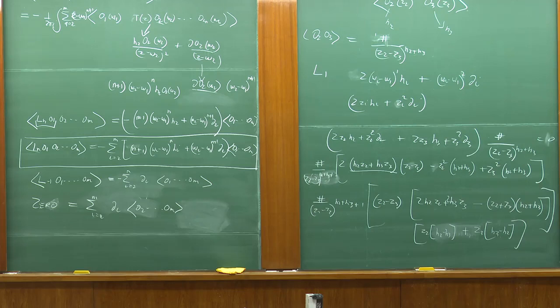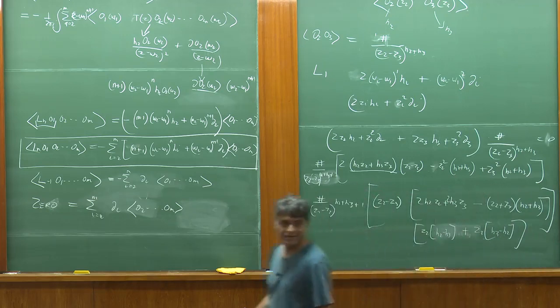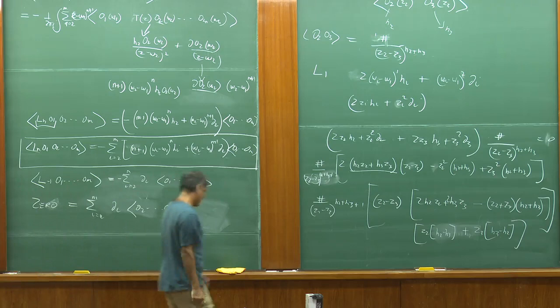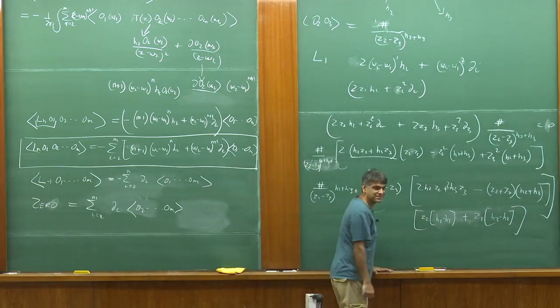So 2-point functions only click between operators with the same scaling dimension, and their form is completely determined by conformal invariance. Now one can do the same exercise for 3-point functions.